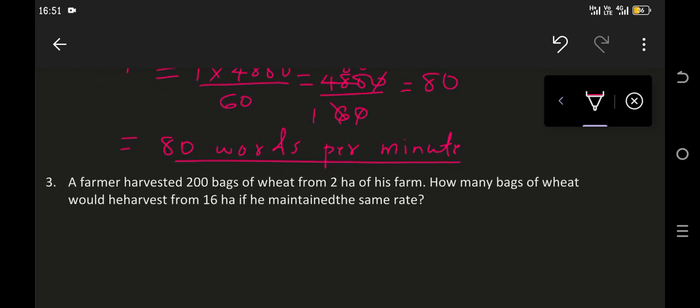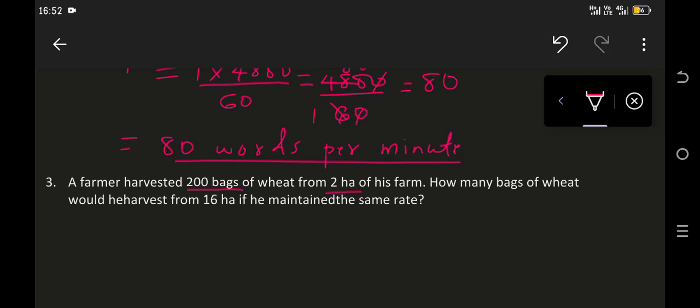A farmer harvested 200 bags of wheat from 2 hectares of his farm. How many bags of wheat would he harvest from 16 hectares if he maintained the same rate? Now we have bags of wheat and we have the area of the land in hectares.